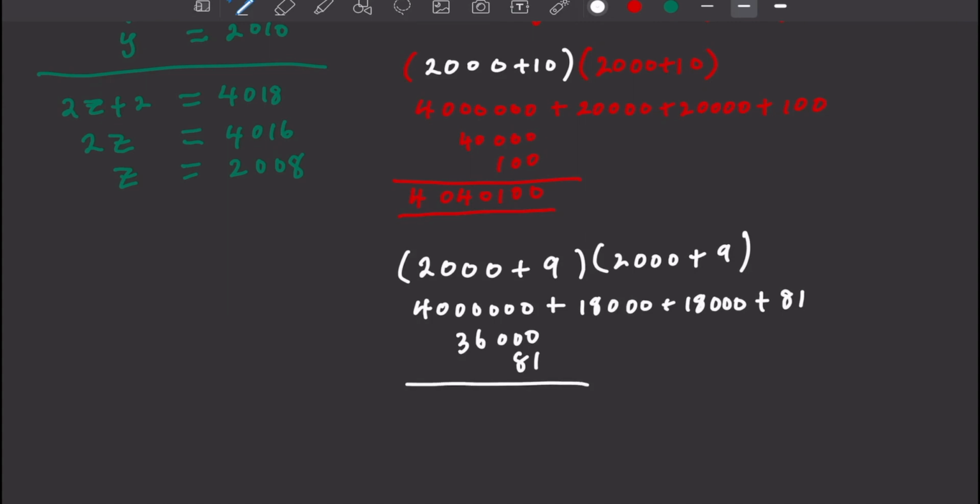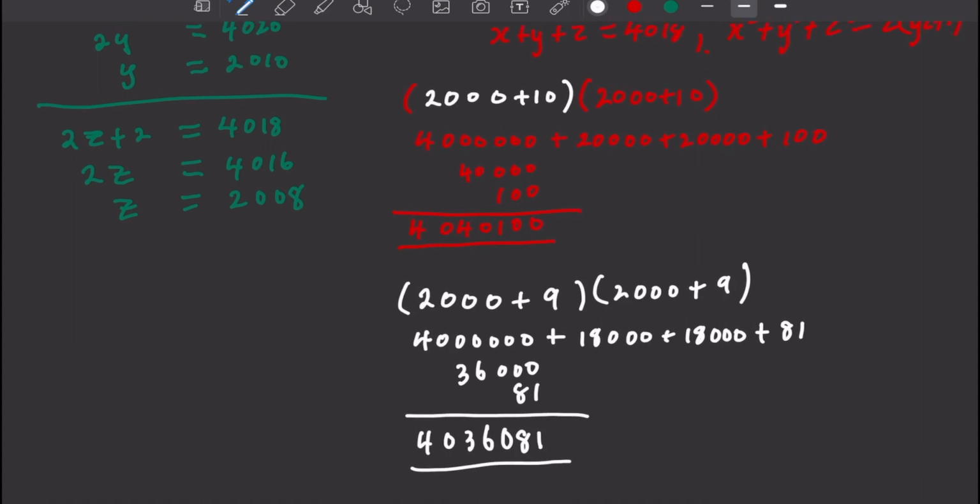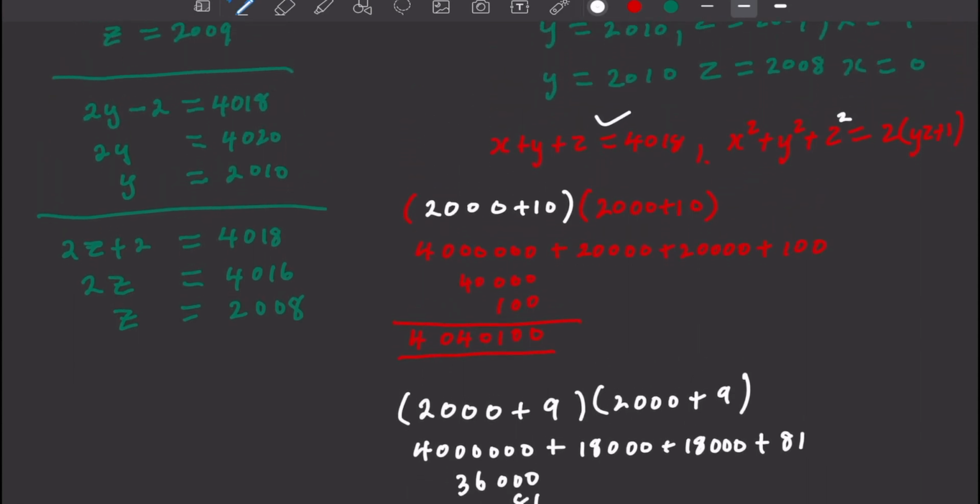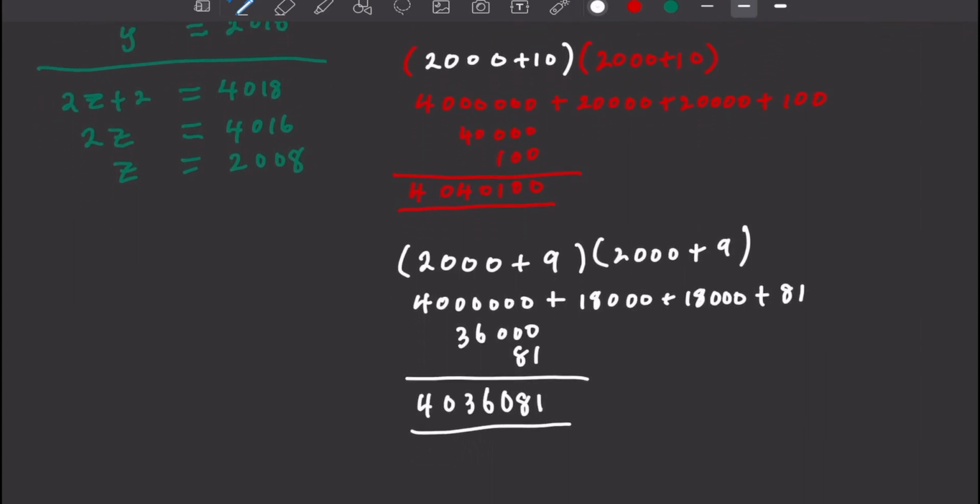So that gives us 4,036,081. So now the next one is to do 1 squared. So obviously we have minus 1 squared, which is equal to positive 1.